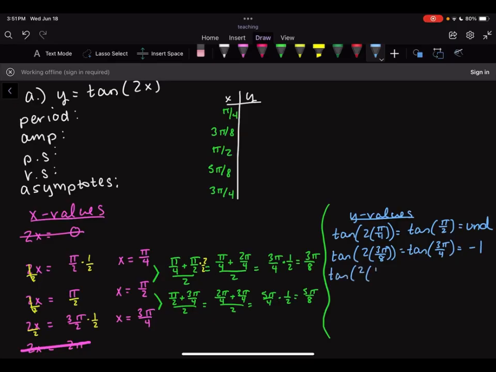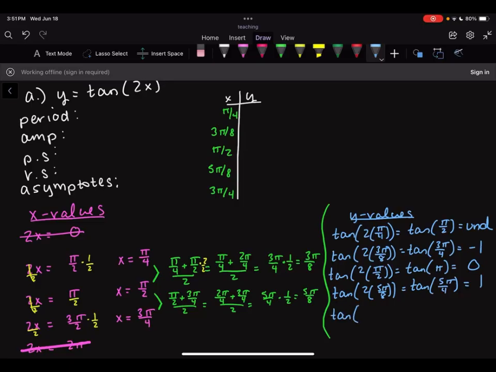Next, tangent 2 times pi over 2 gives me tangent pi. That'll give me 0. Tangent 2 times 5 pi over 8 will give me tangent 5 pi over 4, which is positive 1.